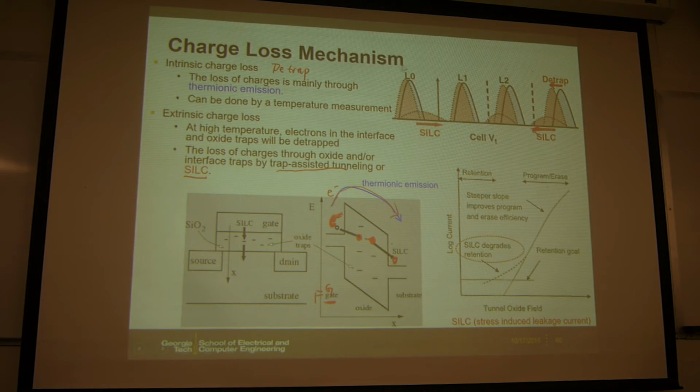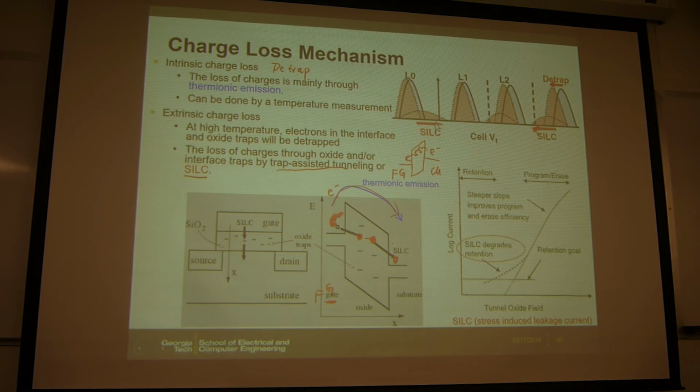But for this L0 state, which is the erased state, in that case you have to think about the other way. So that means here this is a channel, this is a floating gate, and then due to those stepping stones, electrons will go into the floating gate, and then the threshold voltage will increase due to this SILC, because in this case, the electrons will move this way.